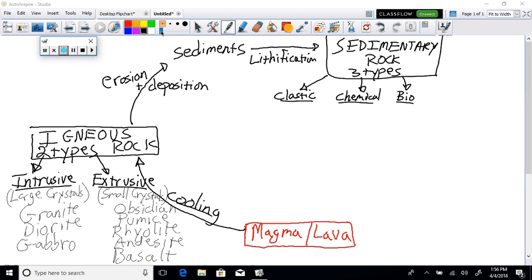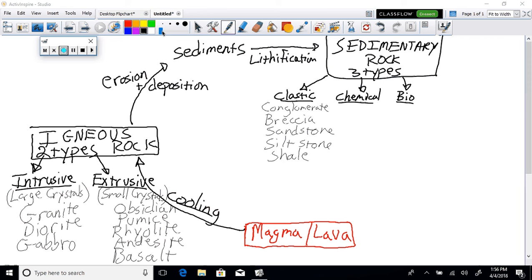All right? Under clastic rocks, you have a lot of them. You have conglomerate. It looks like basically it's somebody's driveway. You have something called breccia. Sandstone, which looks like it's been made out of sand. Siltstone. And shale.